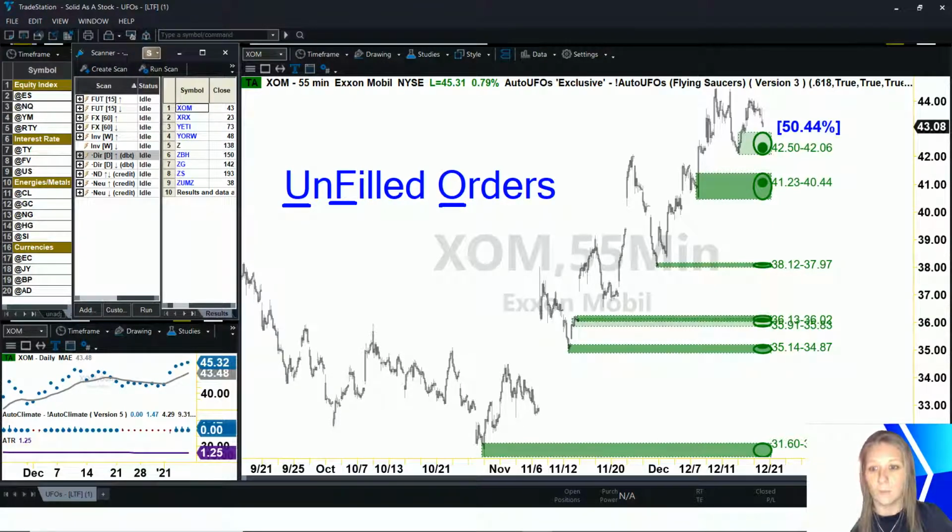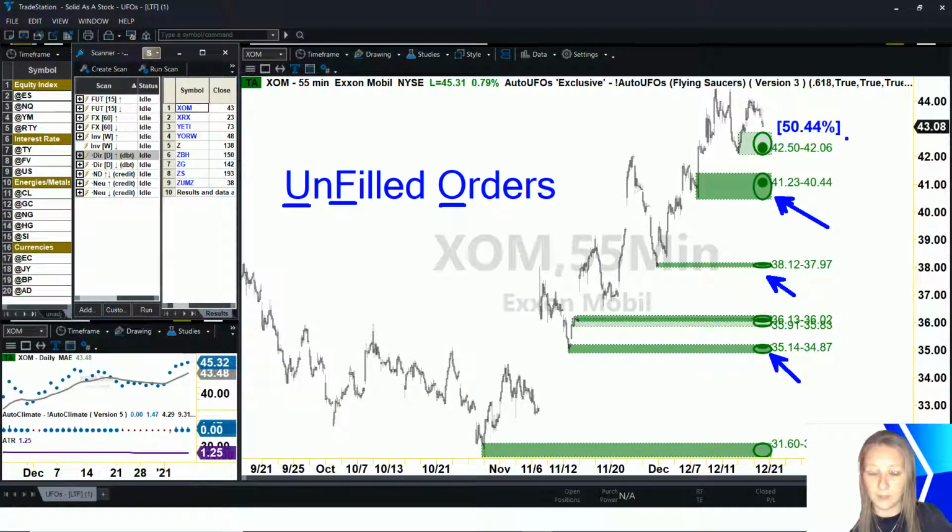Meaning, where we have these green UFOs, these green bands, it's showing us where there are buy orders that are waiting to be executed. They're waiting to come into the markets. They're waiting to be filled. If there's loads of buying going on here and price comes into that area and then loads of buying comes into the market, it pushes the price up.